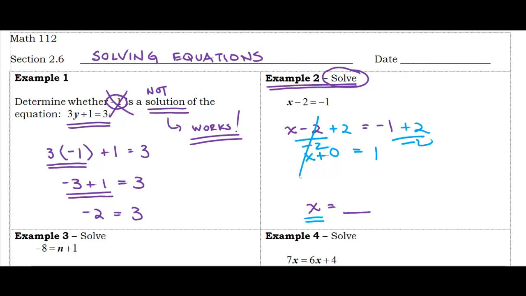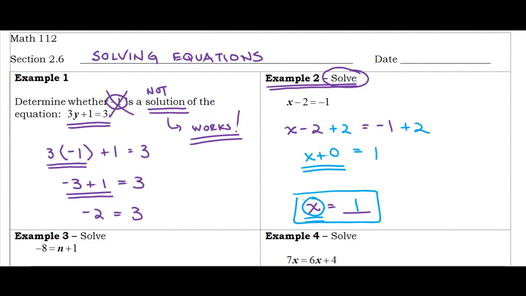Bad, bad, bad. The idea here is if I can make the number next to x 0, what happens when you add 0? You get x by itself equals 1. Done.